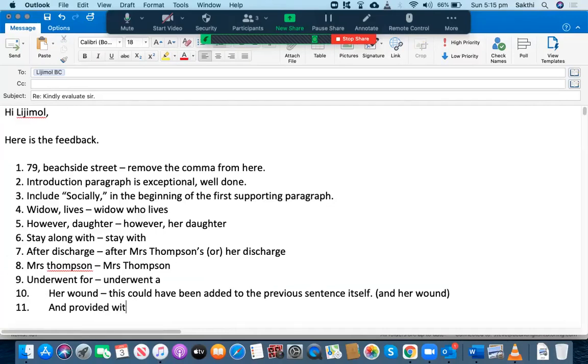Instead of that, you can say "also a series of physical therapies were provided", and we have to use "also" because it's a new sentence, right?